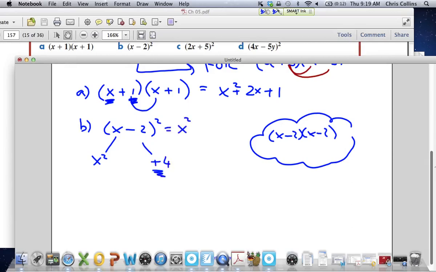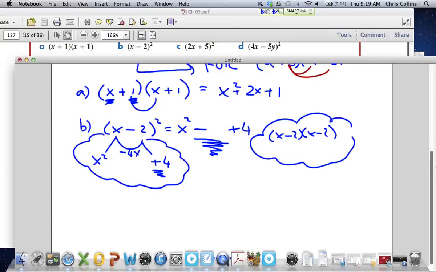So, square the first thing, square the second thing, and write the answer there. I've left a space in the middle, because now I say, multiply those together, I get minus 2x, double minus 2x, I get minus 4x. So there's the thinking in my head. Transfer that over here into your answer. So there's the answer for the second one.